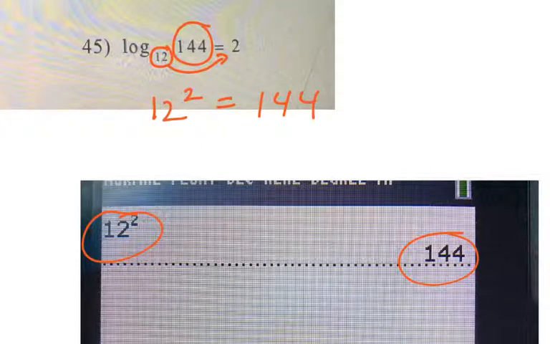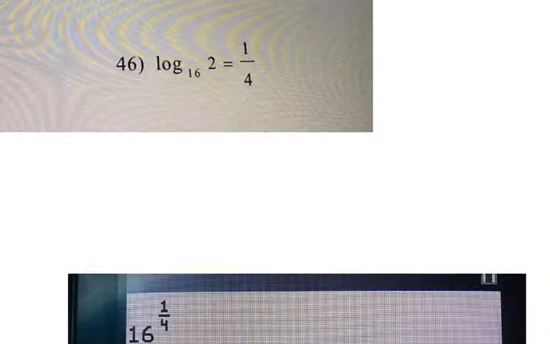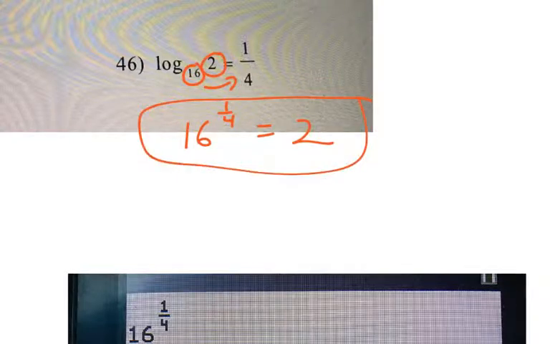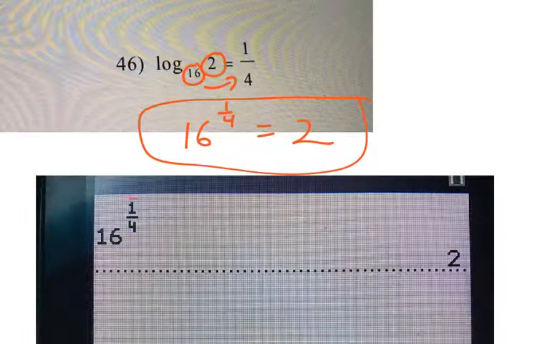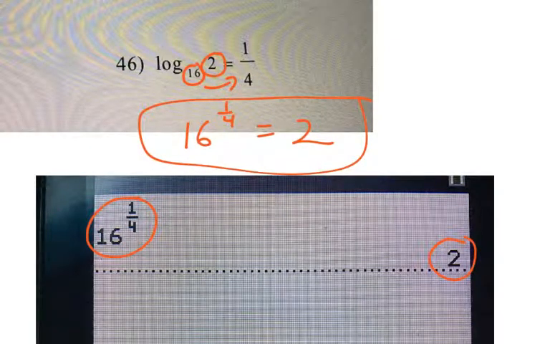There's one more we're going to try together right now, number 46. Could we not take that 16 and say 16 to the 1/4 power has to equal 2? Let's see if that agrees with the calculator. Notice 16 to the 1/4 power is equivalent to 2.